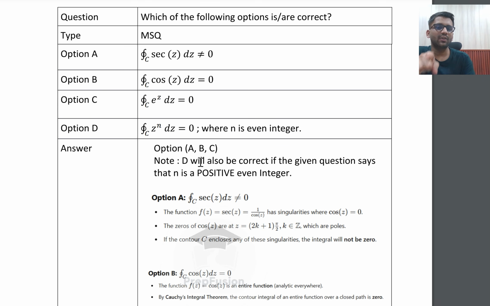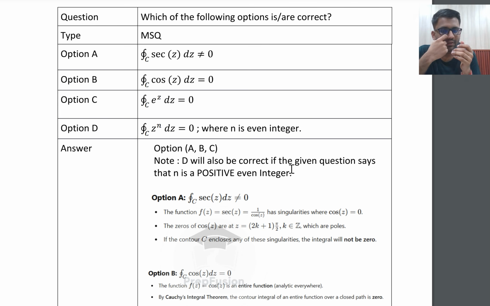But option D will be correct if the given question says that n is a positive even integer, because if they have mentioned even integer, that means the value could be negative as well, no? -2, -4, -6. Then it would not be an analytic function, right? If n is negative, then option D would be wrong.